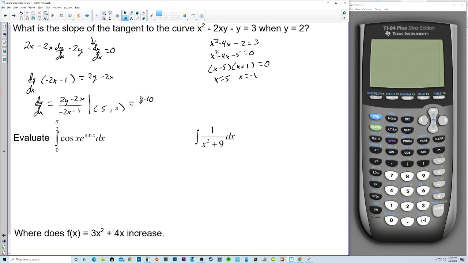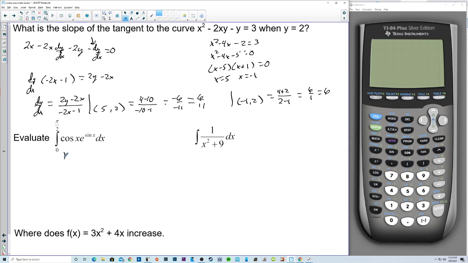So 4 minus 10 over negative 10 minus 1. So negative 6 over negative 11. So 6 elevenths, and then we'll evaluate at negative 1, 2. 4 plus 2 over 2 minus 1. So 6 over 1, 6.